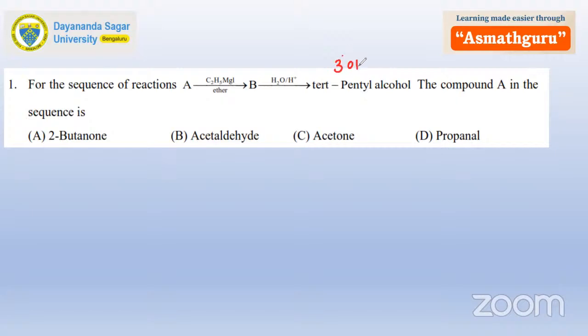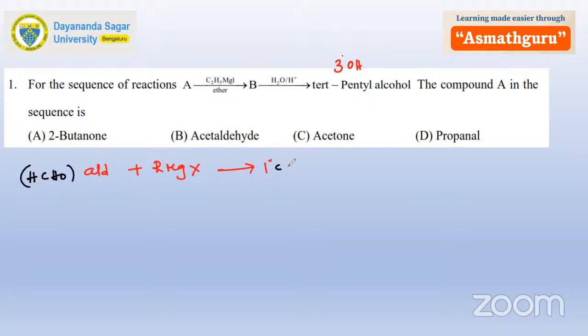When an aldehyde reacts with Grignard reagent, you get primary alcohol when the aldehyde is formaldehyde.